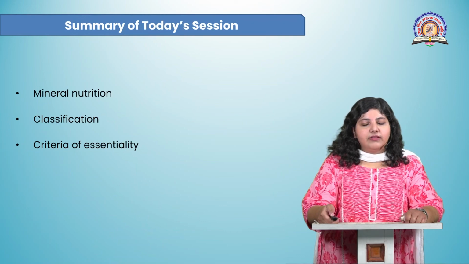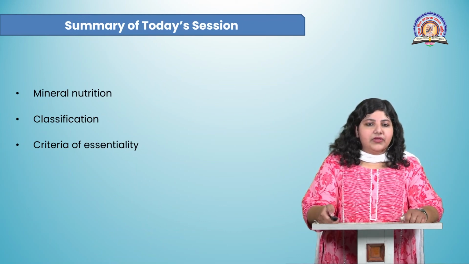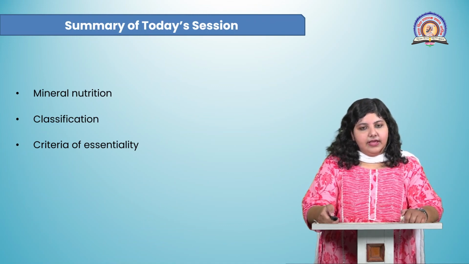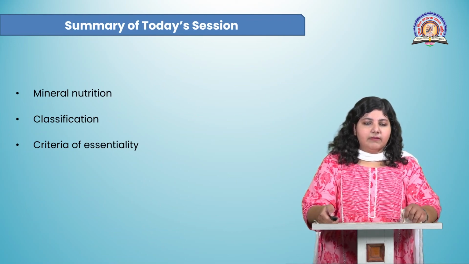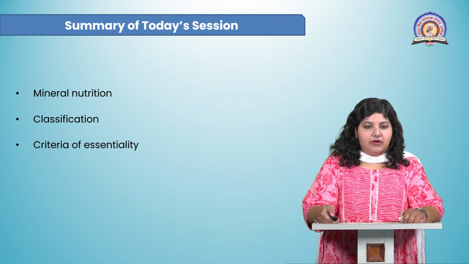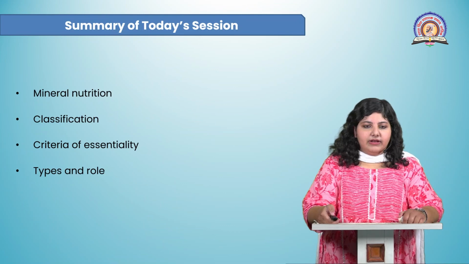We have seen the three methods which determine whether a particular element is essential or not: sand culture, hydroponics, and aeroponics. And we have seen the different types and the role of mineral elements.